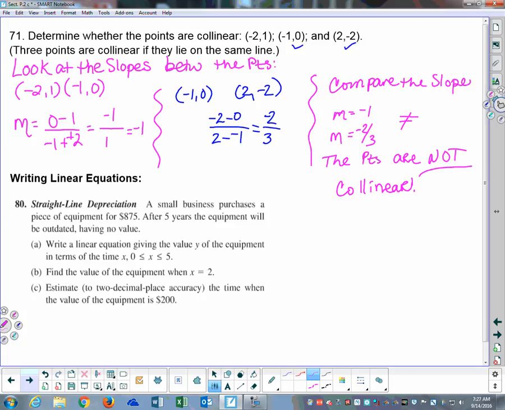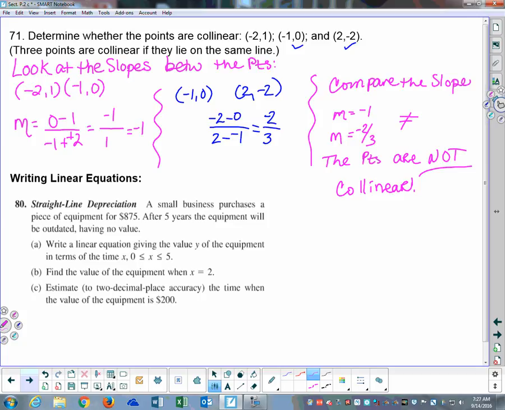And then we get into problem 80, straight line depreciation. A small business purchases a piece of equipment for $875. After 5 years, the equipment will be outdated and have no value.